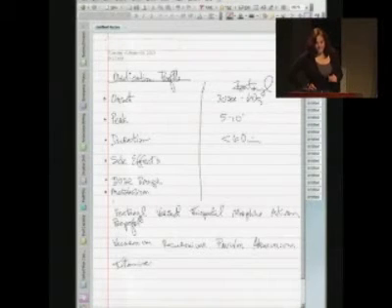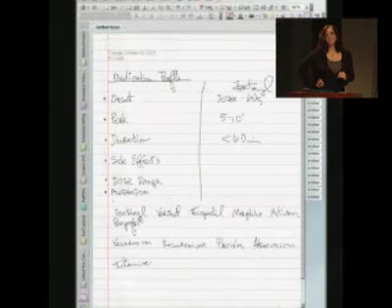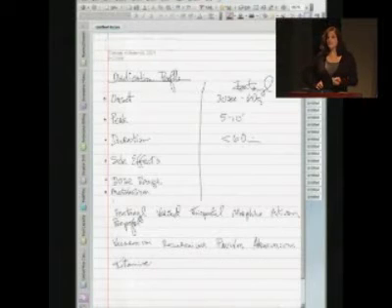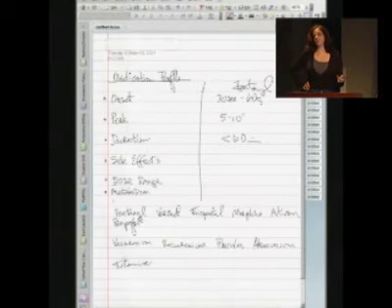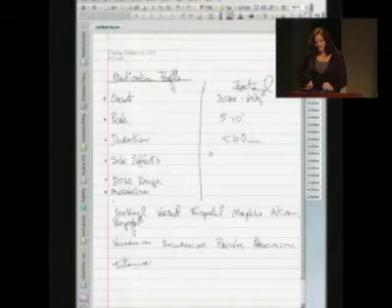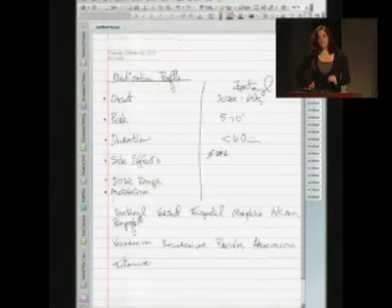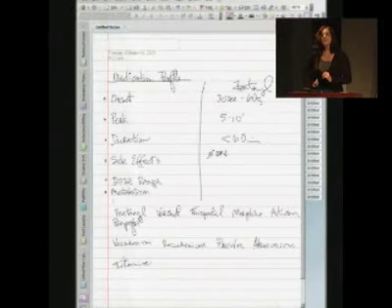Side effects. Now, the beauty of fentanyl, all right, or one of the advantages over morphine is that it does not cause significant hypotension, all right?